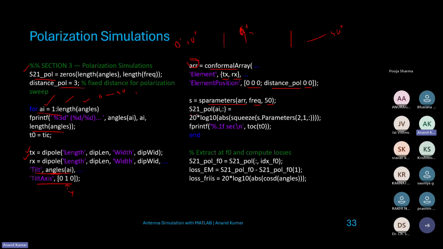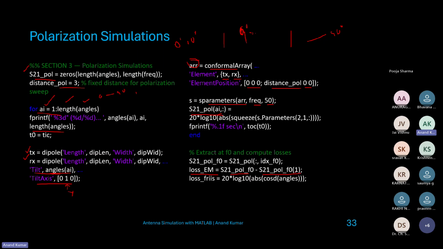We extract the S21 for each rotation and save it, and similarly we calculate the loss from the EM simulation.